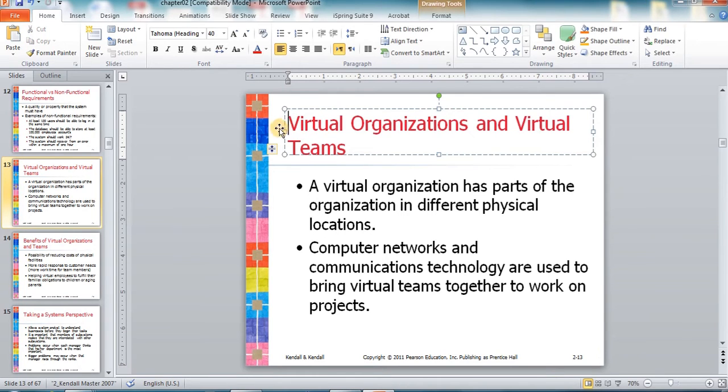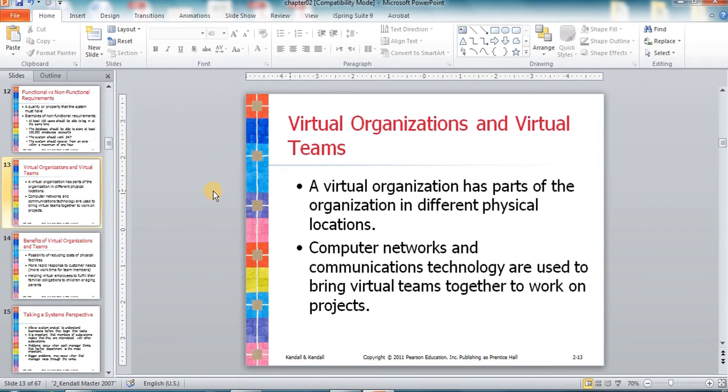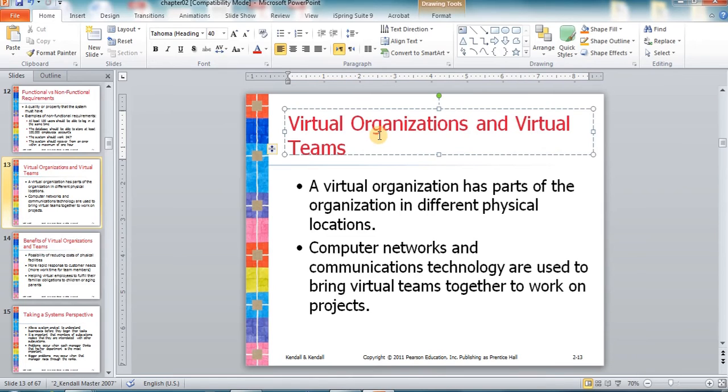If you search, you can see that many organizations are now turning into virtual organizations, and many employees are becoming virtual employees who work from home instead of working physically at the organization location.